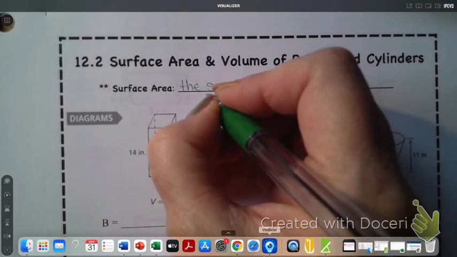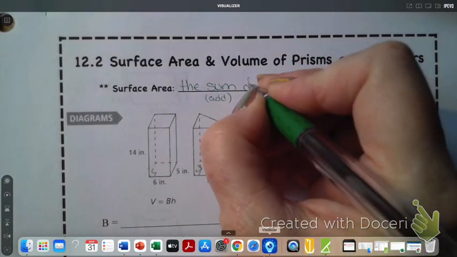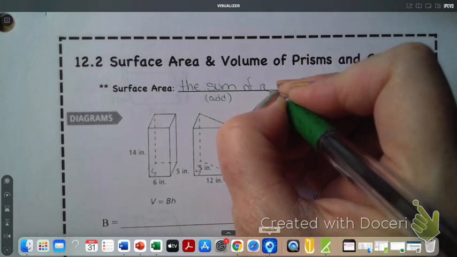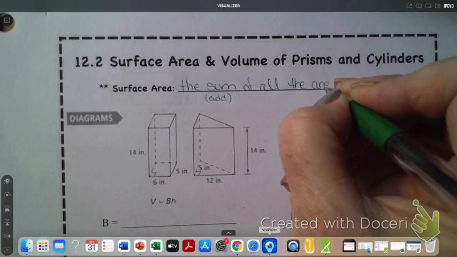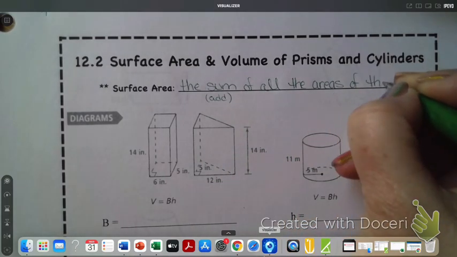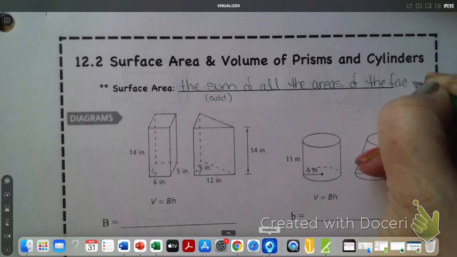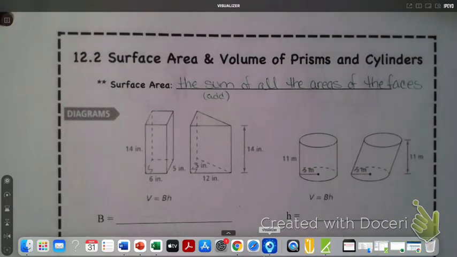Add of all the areas of the faces. It's kind of wordy. But basically you find the outside areas, kind of like perimeter, you add up all the sides, right? Surface area, you find all the areas of the outside faces and add them up.